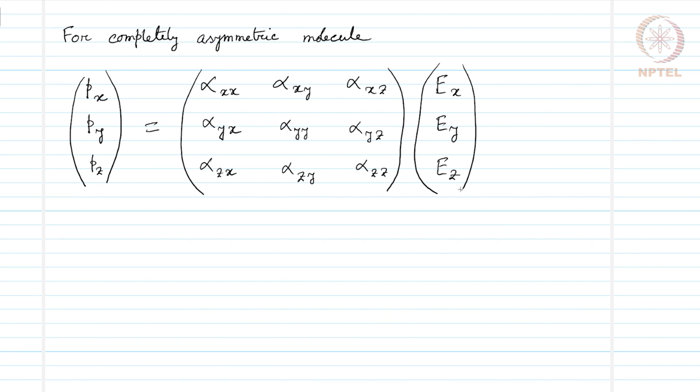This happens when we have an asymmetric molecule at hand. So, the atomic polarizability is no longer a scalar, it is rather a tensor, and this matrix equation holds good relating the atomic dipole moment and the electric field that we have.